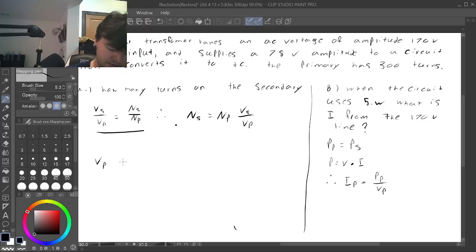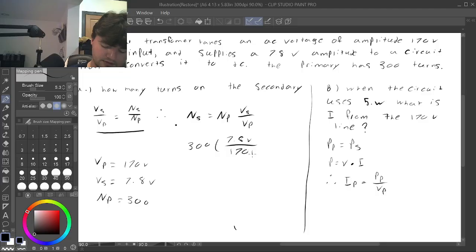We have the primary voltage as 170 volts, the secondary voltage as 7.8 volts, and the primary amount of turns as 300. That would give us 300 times 7.8 volts over 170 volts.